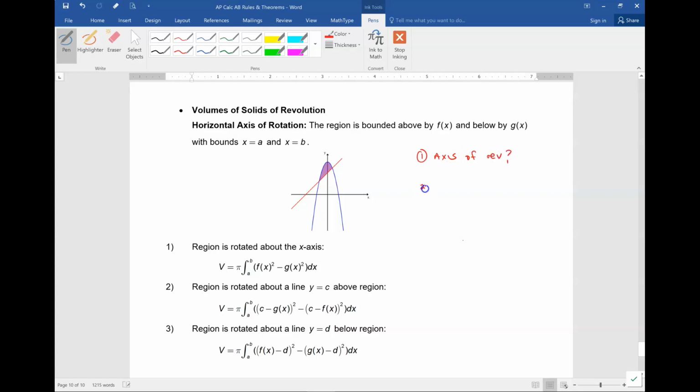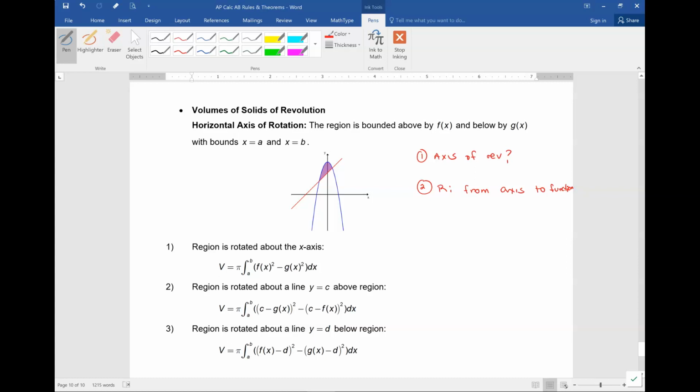Okay, number 2, radius is from axis to function.